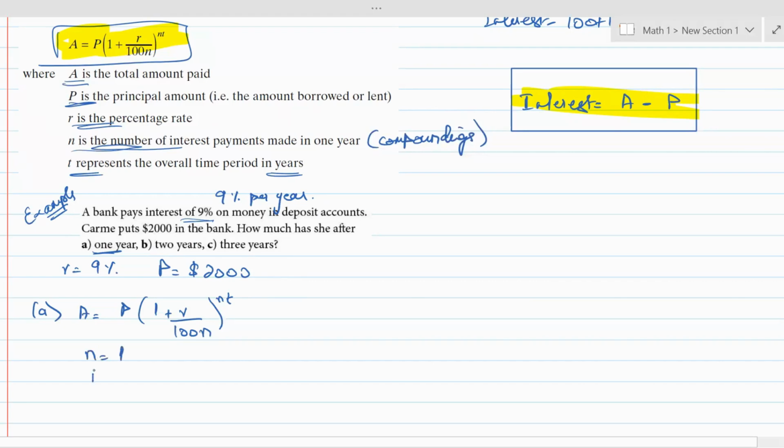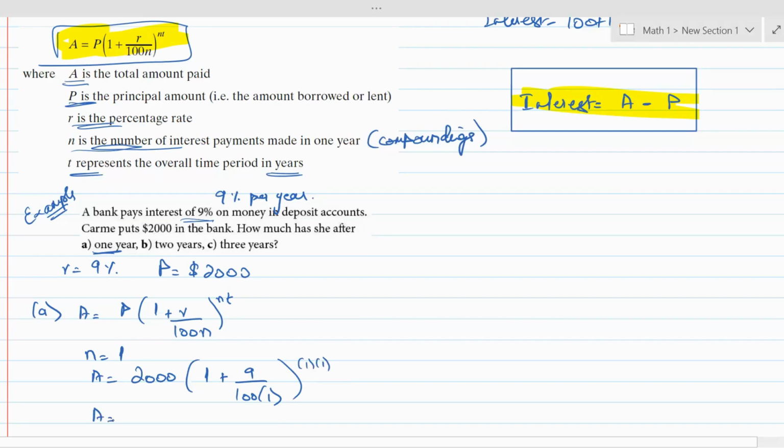Okay, so using this formula, A equals P, the principal, this is 2000, into 1 plus rate, 9 upon 100, into 1, because the number of payments per year is not defined, so n is 1, to the power n into t. So 1 into 1.